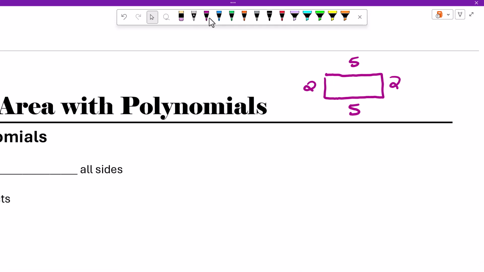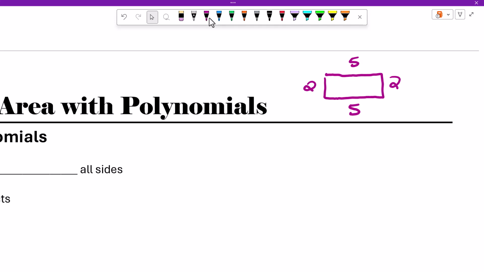What is the perimeter? How do you find the perimeter of any shape? What does the word mean? Not square them. What does the word perimeter mean? Around the outside. So you add up all the sides around the outside. So in this case, you go 14. 2 plus 5 is 7, and you add the other 7, you get 14.